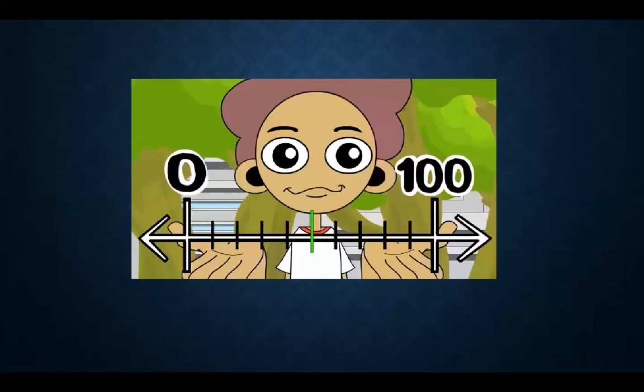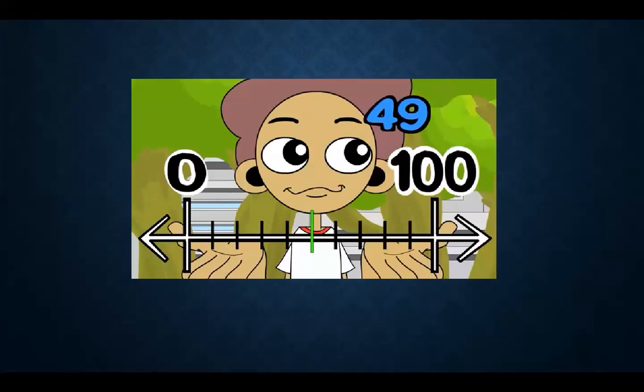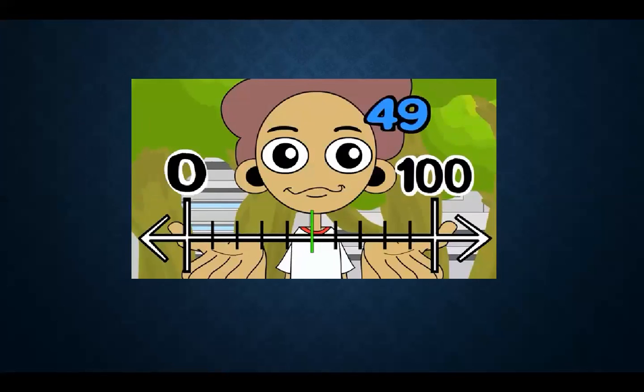Sometimes the nearest 100 is 0. Let's round 49 to the nearest 100. The benchmarks are 0 and 100. The midpoint is 50. 49 is less than 50. So to the nearest 100, 49 rounds down to 0.